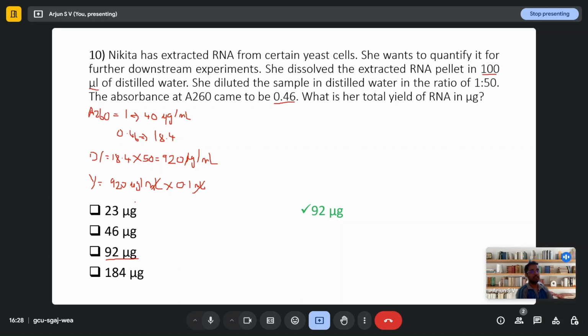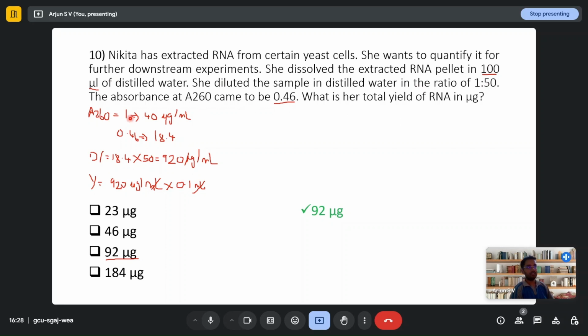So I'll go through how to solve this problem once again. We know that whatever RNA we have after dilution in 100 microliter of distilled water, and after diluting it further in 1 is to 50 ratio, we are getting an absorbance of 0.46.